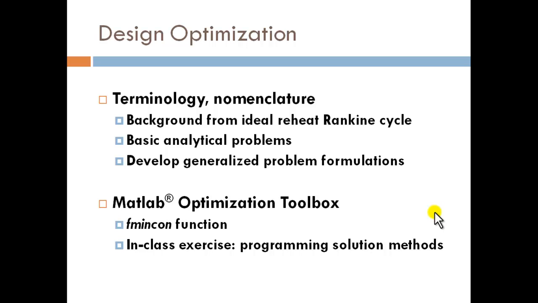Next, I want to solve some very basic analytical problems just by hand, things that I'm certain that you've done years ago, but I want to bring those back into your recent memory and then use those as a foundation to develop generalized problem formulations.